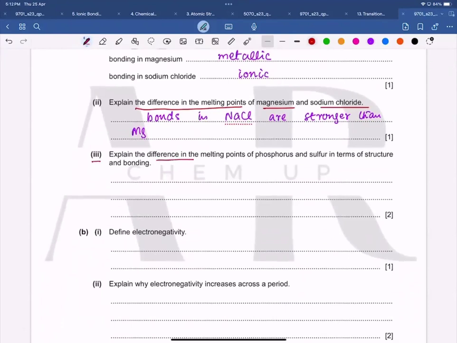Part 3. Explain the difference in melting point of phosphorus and sulfur in terms of structure and bonding. So if you recall, yes. Octaatomic, more electrons, and phosphorus is tetraatomic.